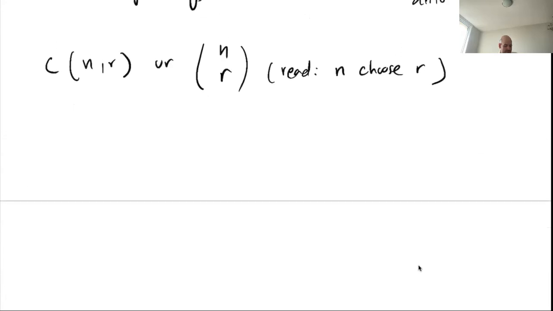So now what will be the formula for C(n,r)? And the screen froze again.